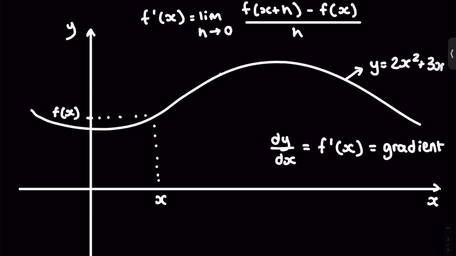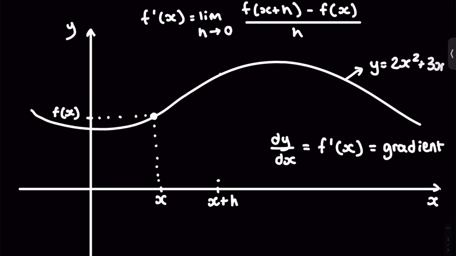And here's the little trick. So we've got the point that goes for x and f of x. The little trick is that we actually add h to x. So we're going to have a point on our x-axis here where we have x plus h. So we go a little further along the x-axis by h.